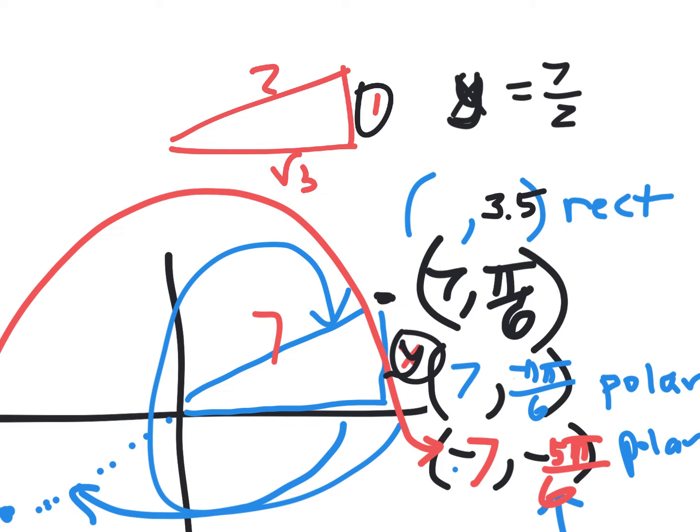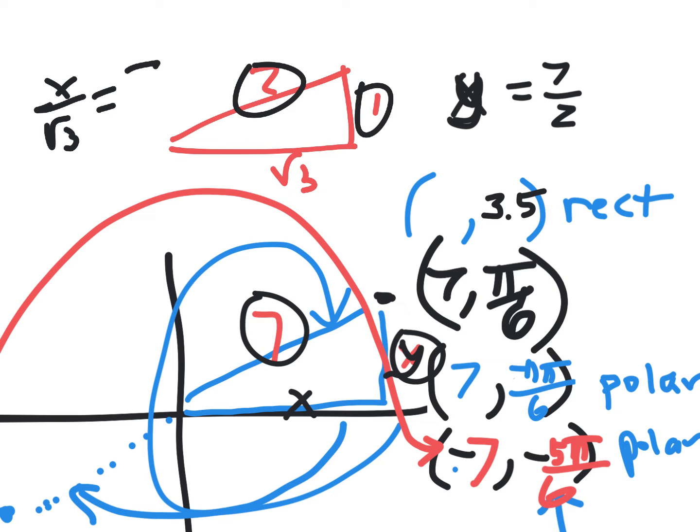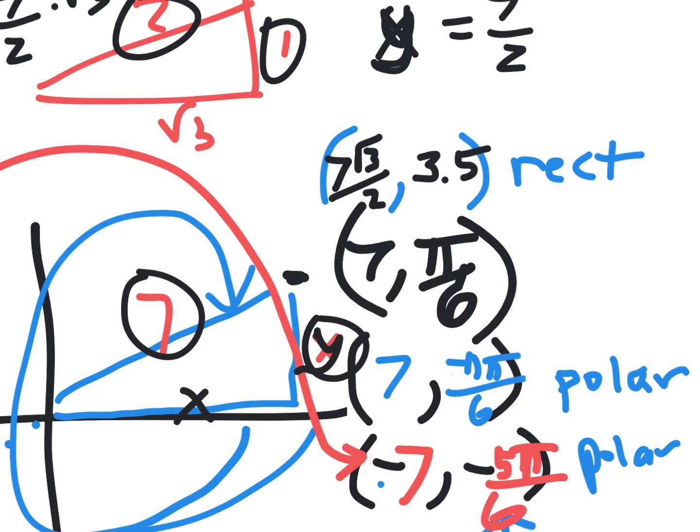And the other side here I should call x. And x is to root 3, like 7 is to 2. So then that's 7 root 3 over 2. Okay, that was not an easy one, but there it is.